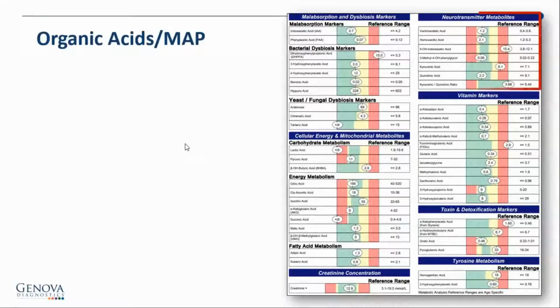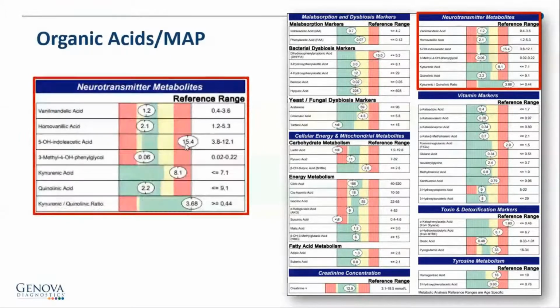So the next one here would be the neurotransmitter metabolites. Now, the neurotransmitter metabolites I find very interesting are, again, about pathways. So there's a pathway, for example, whereby tyrosine, an amino acid, again, is converted into dopamine. And dopamine gives us focus and calm.